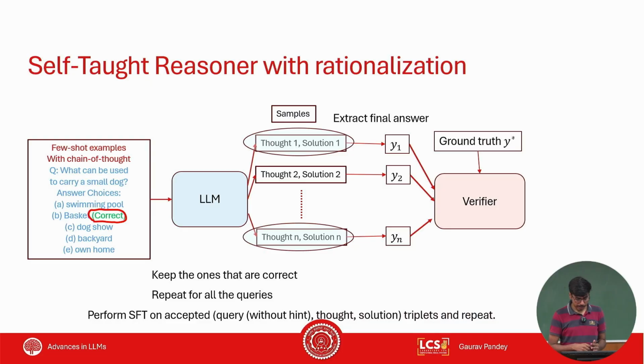Another thing that I think I missed in the previous slide was you don't do it only once. You create this data set of correct triplets, do the training, then again generate the same triplets, and do it again. So you repeat this loop of creating data set and training again and again. And this is something that we will see in the next topic that I talk about, which is thought process optimization.